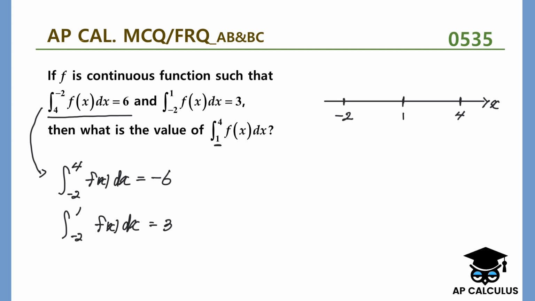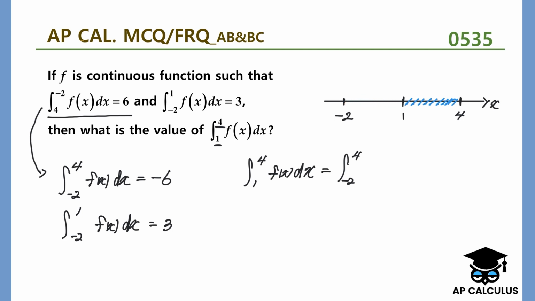So we're looking for 1 to 4. 1 to 4. So this region, right? What that is equal to: integral from 1 to 4 of f of x dx is equal to integral from -2 to 4, from here all the way to here, minus integral from -2 to 1, right? Does that make sense?